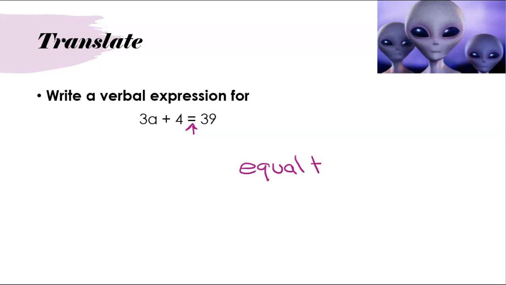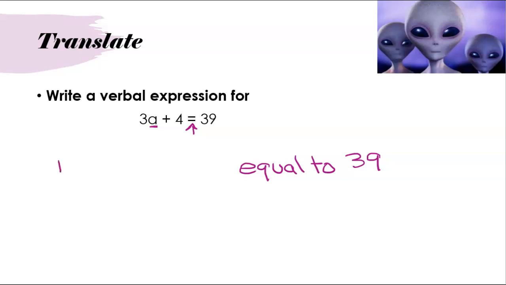Equal to, or is, and then the number 39. We have to now figure out what this means. 3 and an a. That's a number. We don't know what this number is. And we're adding 4 to it.